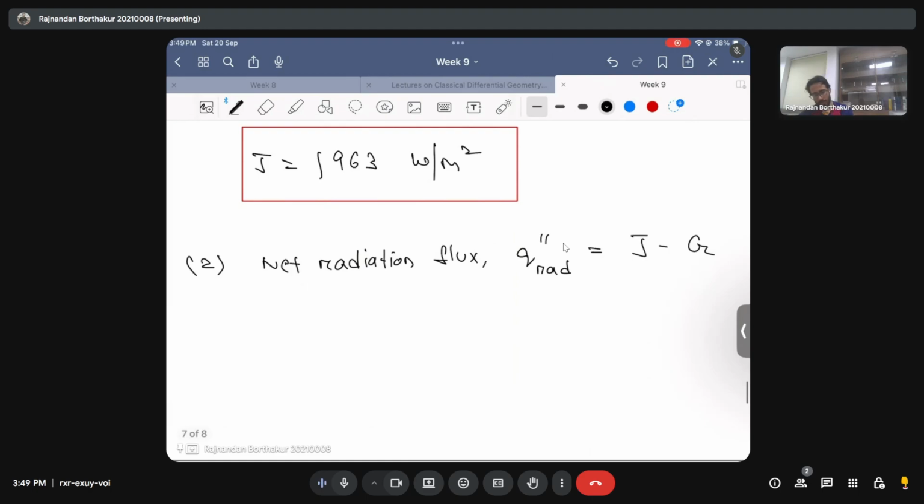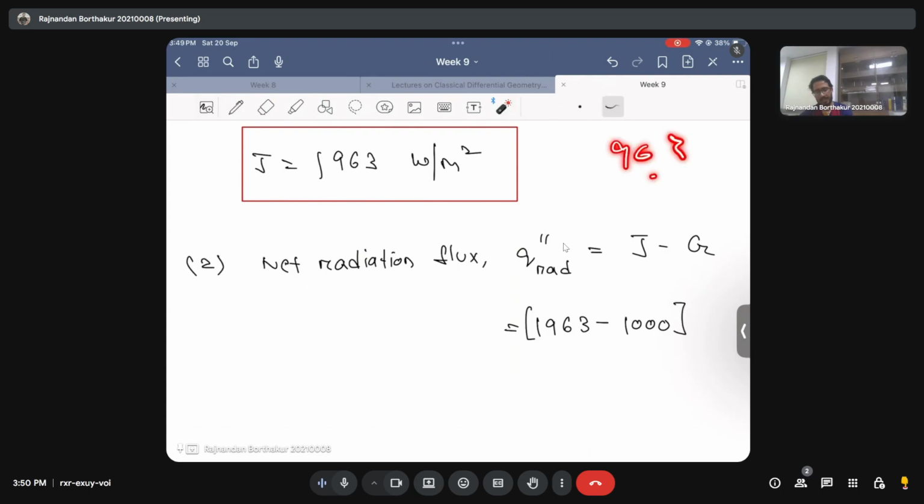The radiosity came out to be equal to 1963 and the incoming irradiation was 1000, which means that 963 was the net radiative flux. Since there is a dedicated question associated with it, let's do it formally. This is nothing but the difference between radiosity and irradiation, and it comes out to be equal to 963 watt per meter squared.